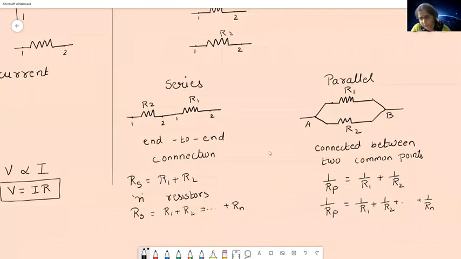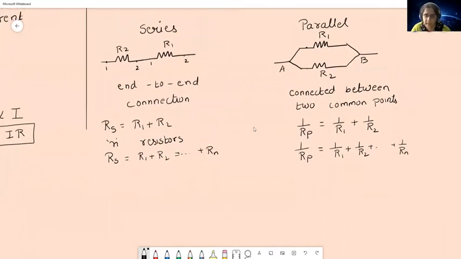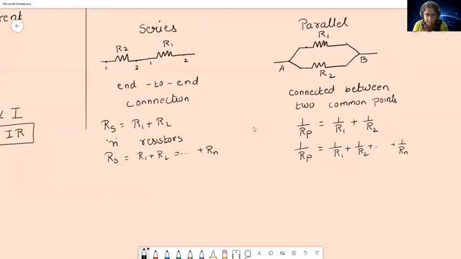Now, what happens to the quantities I and V in this? Say for example, I have a battery and I connect two resistors, R1 and R2. What happens to the current? This battery gives current I, so the same current flows through both resistors. The current is going to be the same in series connection. Now this battery offers a voltage V, say.